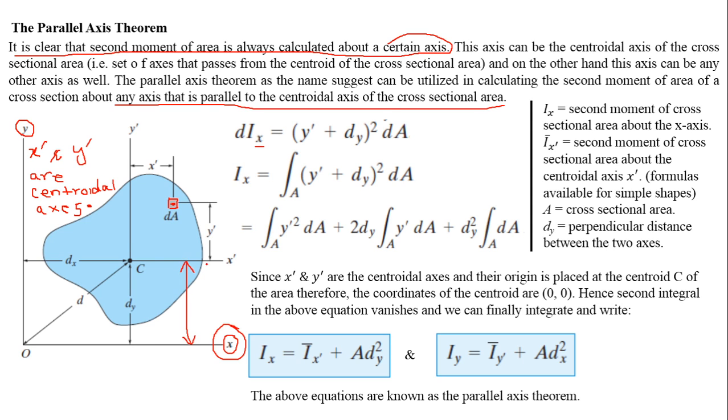So (dy plus y dash) into dA, squared. So this is the general definition of second moment of area. Okay, let me write down here the general expression. We have defined the second moment of area about the x-axis like this.